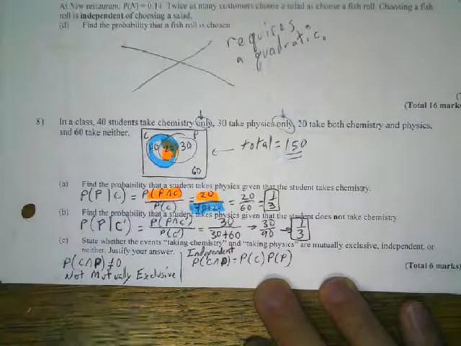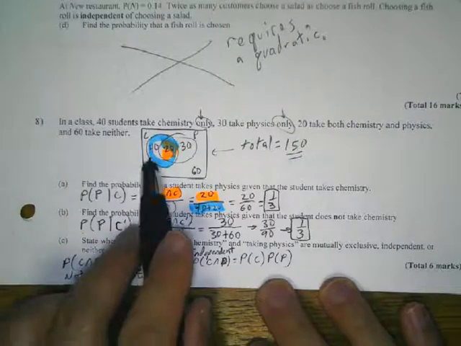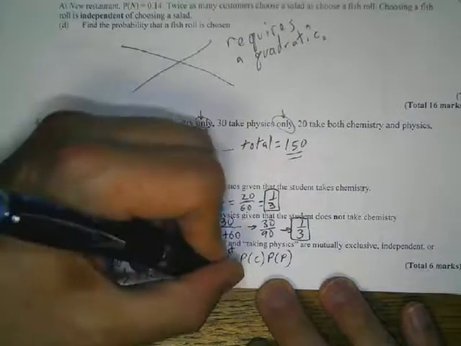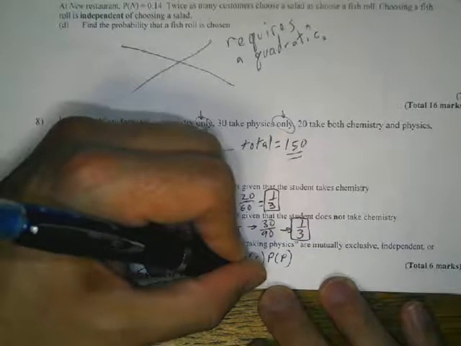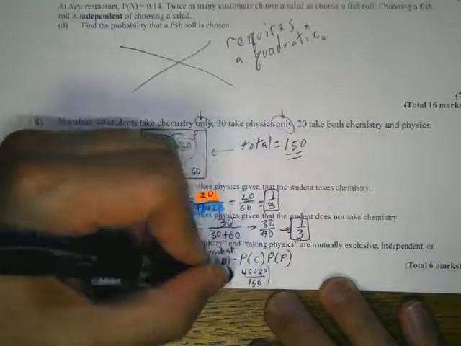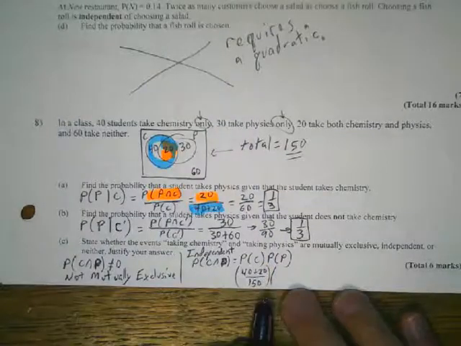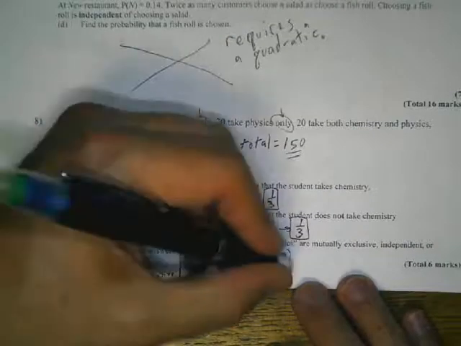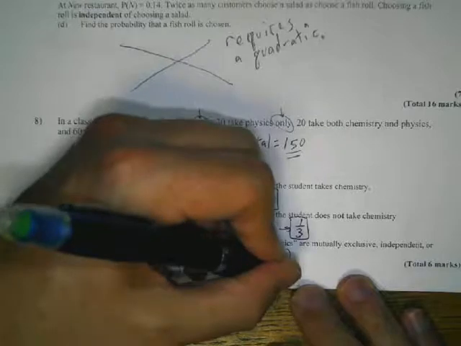So the probability of taking chemistry is 40 plus 20 over 150, and the probability of taking physics is 20 plus 30 over 150.